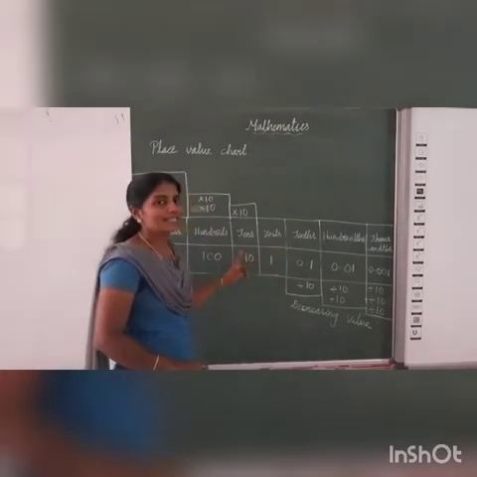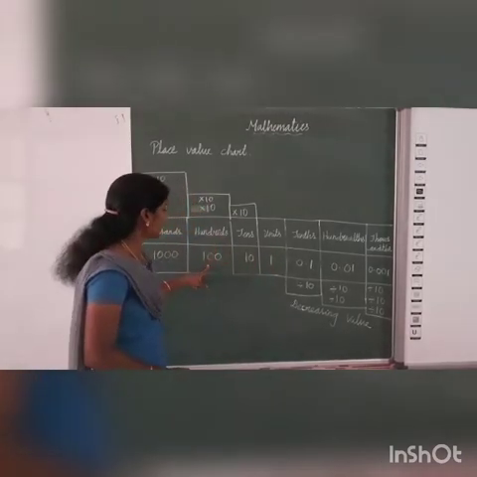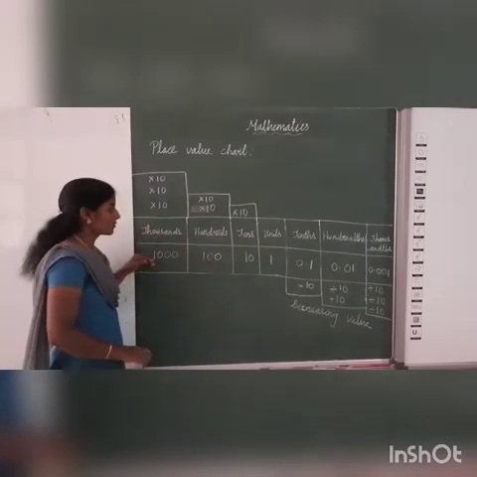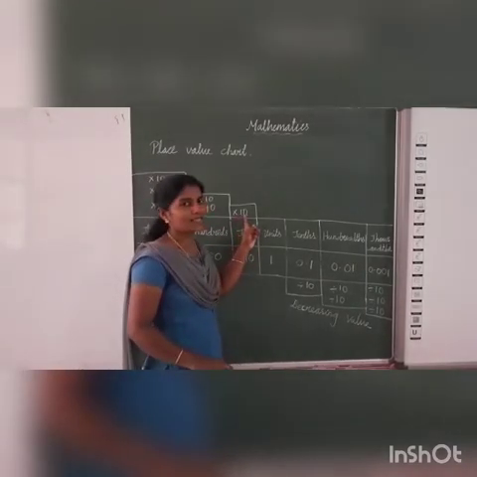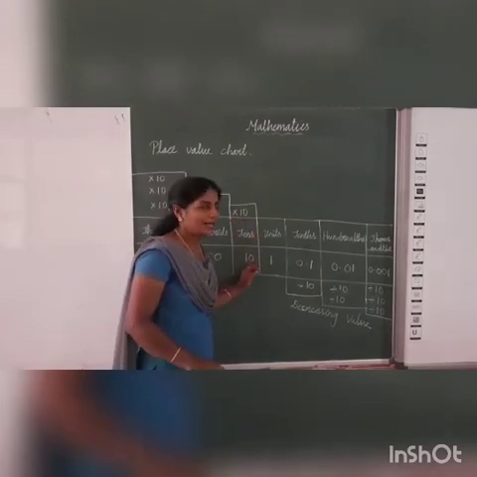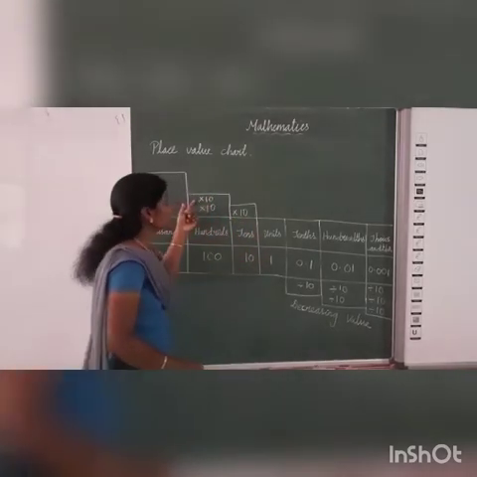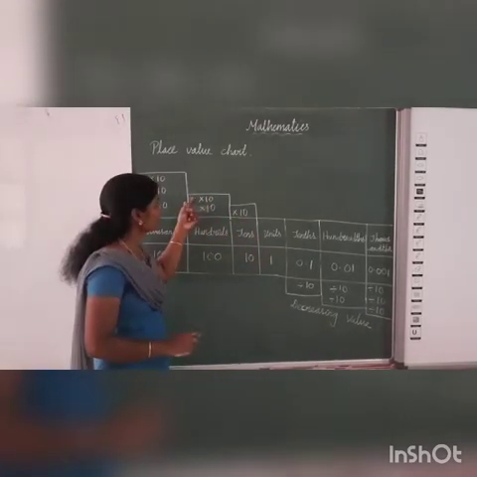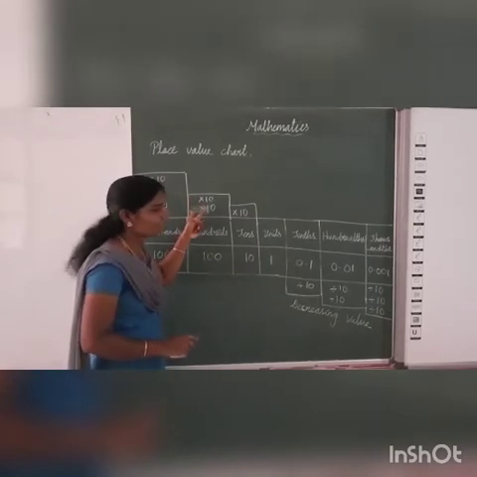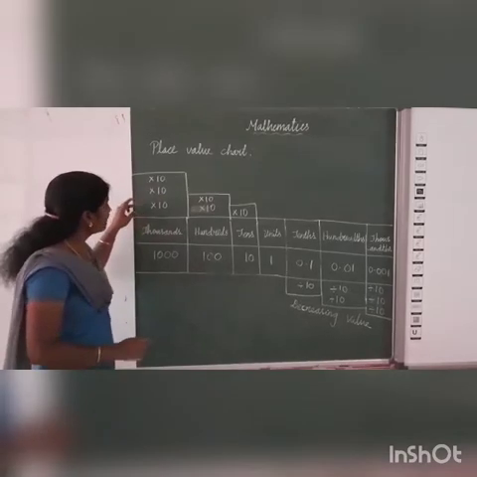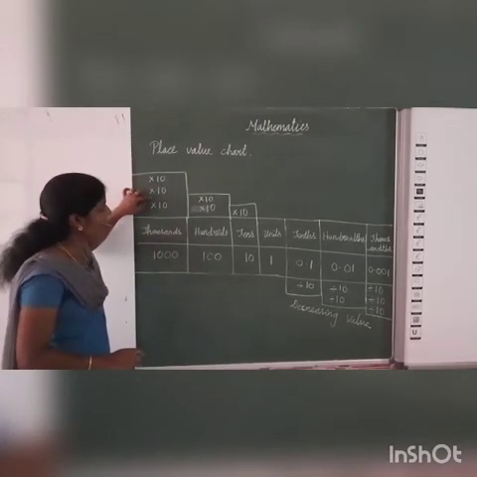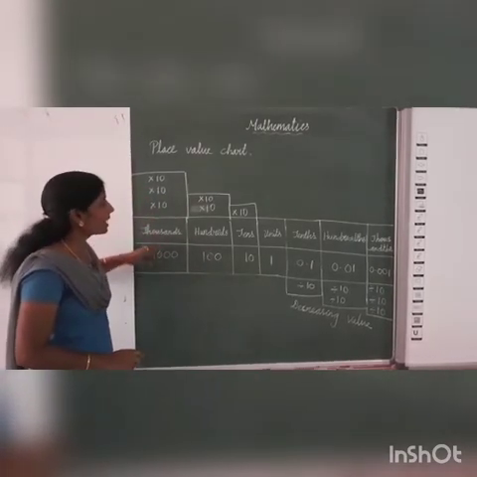Tens place 10. Hundreds place 100. Thousands place 1000. Here tens place 10 is multiplied by 10. 10 into 1, 10. Then multiplied by 10 again: 10 into 10, 100. Multiply by 10: 100 into 10, 1000.